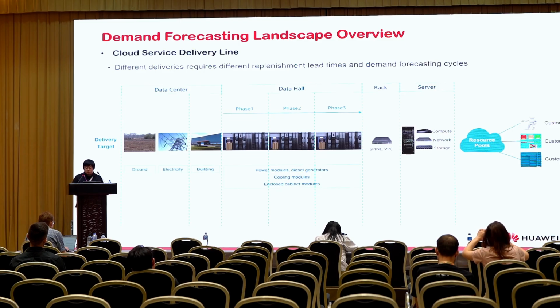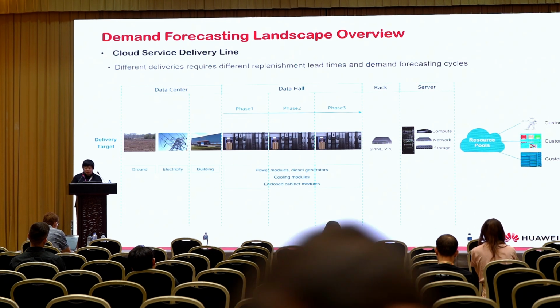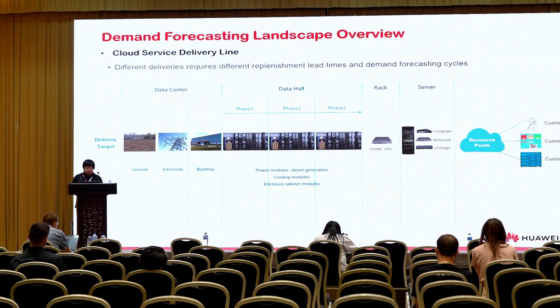And such equipment rooms must be situated within data centers, needing corresponding land allocation, building construction, and power supply provisions. They form together a cloud service delivery chain where precise operational management is required for each resource to achieve desired outcomes.